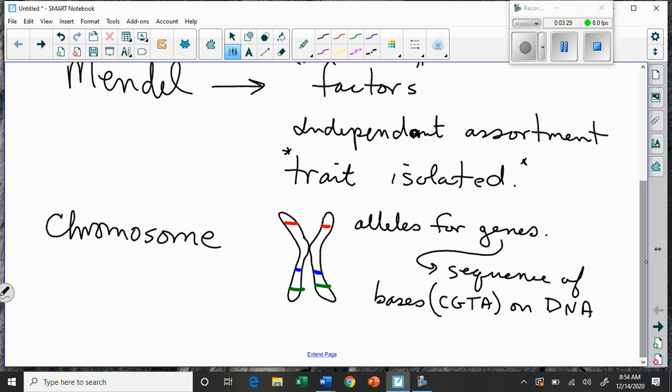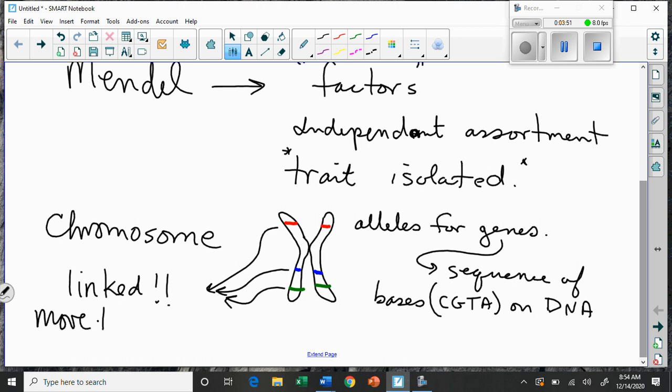But there's no way of breaking apart an actual chromosome. So whatever genes are on this chromosome all move together in meiosis. That means these three genes are linked together chromosomally, if that's even a word. They move together on the same chromosome.